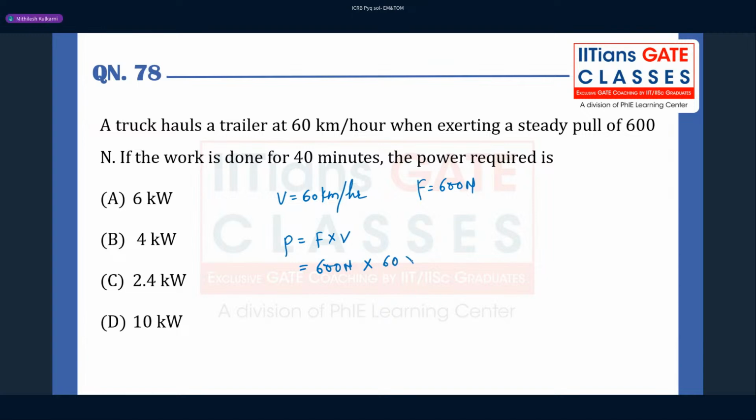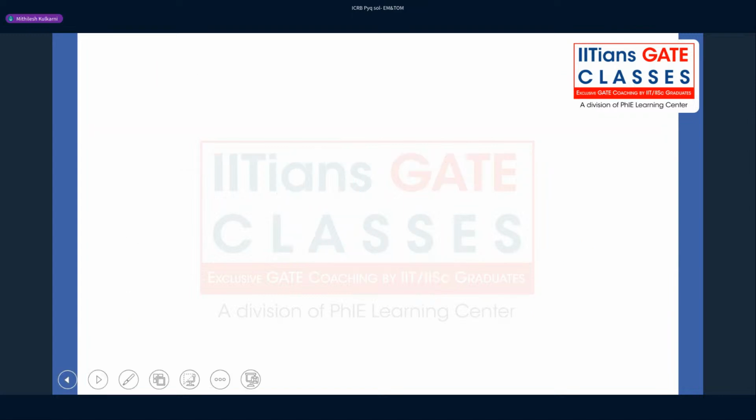So 60 into kilometer means 1000 meters divided by 3600 gives you the value in meters per second. And if you solve it, this 00 gets cancelled out with this. 6 ones are 6, and this 6 will get cancelled with this. So you'll have 10,000 watt, and it is 10 kilowatt. Hence option D is correct in this case. Coming towards next question.